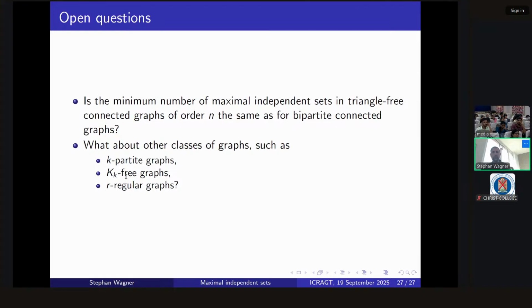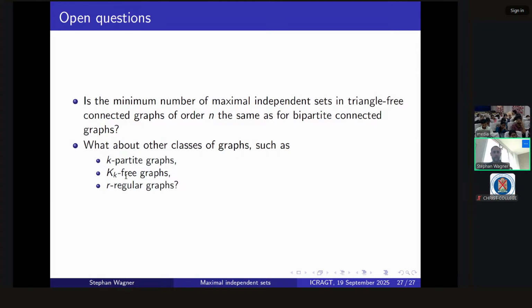As I hope I managed to convince you, the simple condition of disallowing twins makes the question of how many maximal independent sets a graph needs to have at least quite interesting, and we saw some rather diverse answers depending on which class of graphs we were looking at.